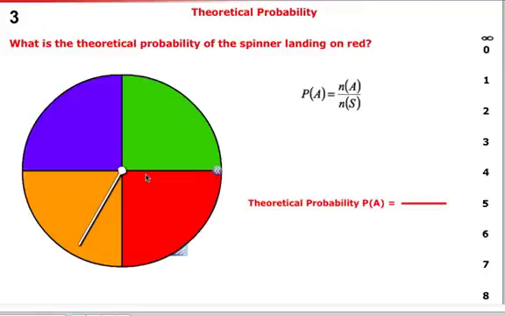So here, the theoretical probability is going to be one favorable event over 4 possible outcomes. So the answer is 1 over 4, or 25%. So the theoretical probability of the spinner landing on red is 25%.